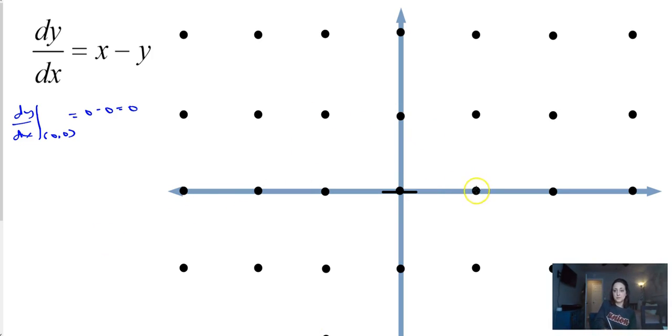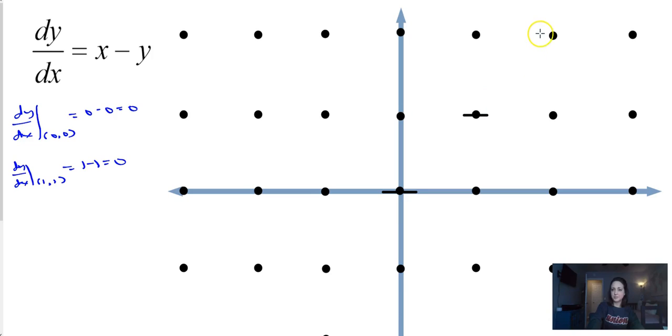So let's do another one. Let's do this point right here. Each dot is 1 unit. So let's do dy dx at the point (1, 1). Well, if I plug in, I get 1 minus 1, which is 0 again. So here, at (1, 1), I need another horizontal line.